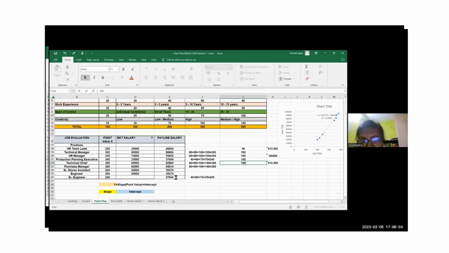Now, there are one or two more years for him to retire. So you will say, okay, fine, but you're not going to spoil your grade structure. You will use it as an exception and let that person retire. You are not going to give him a promotion, nor tell him, hey, you have to quit the organization.